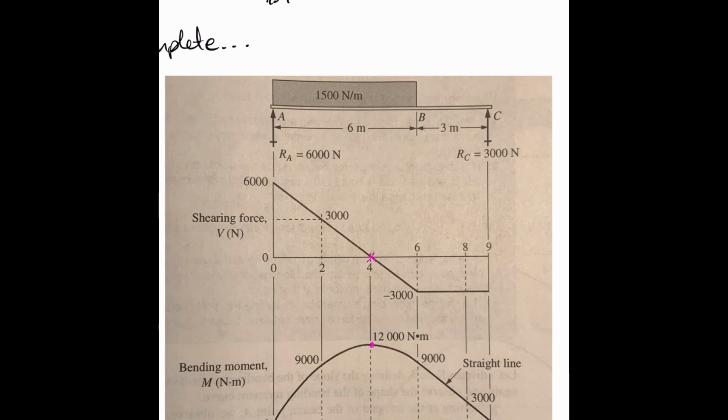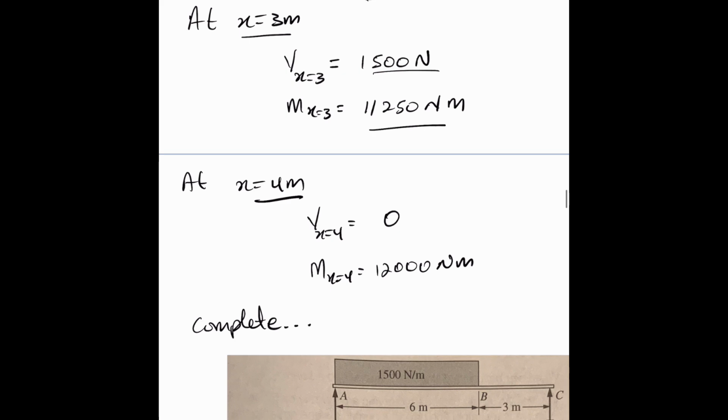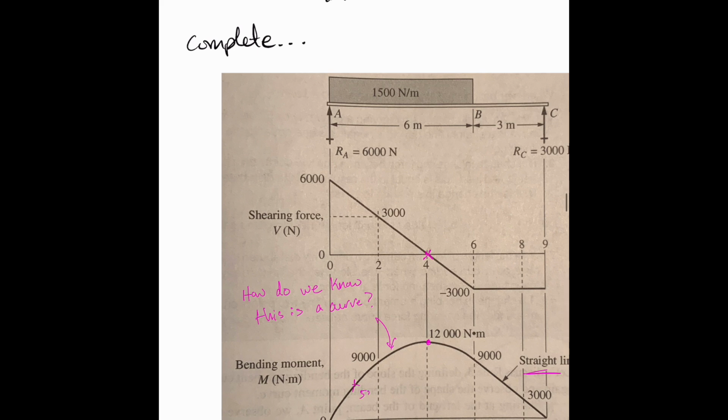Right, now, how do we know this is a curve and this is a straight line? How do we know that? Because remember, we just have points. This was at x equal to 1, the value for bending moment was 5250.